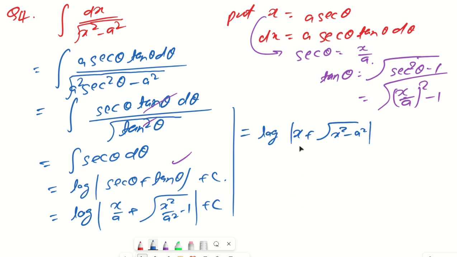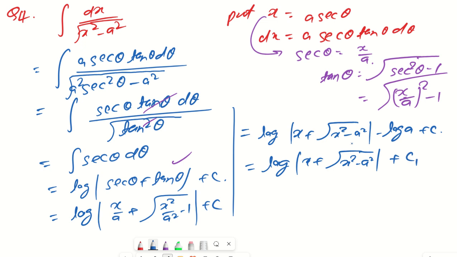And by a was there, so I can take it as minus log of a plus some constant c was there, right? So that is going to be equal to log of x plus root under x square minus a square plus some constant, let us say c1.